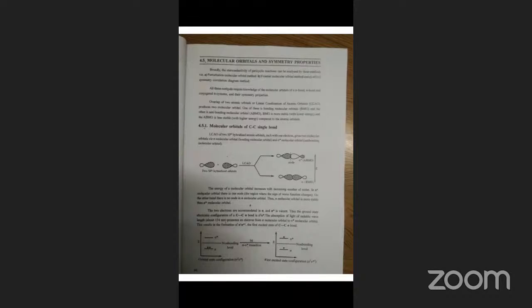The next one is about molecular orbitals and symmetry properties. Before knowing about the molecular orbitals, we can know some of the terms: what is LCAO, what is MO, what is HOMO, what is LUMO.